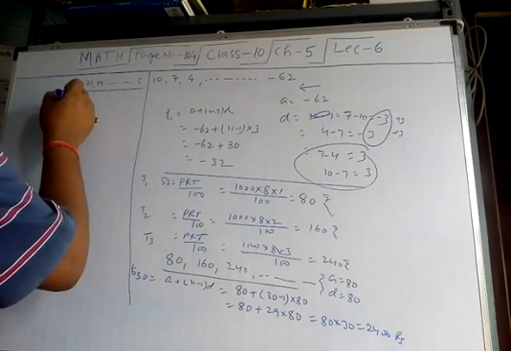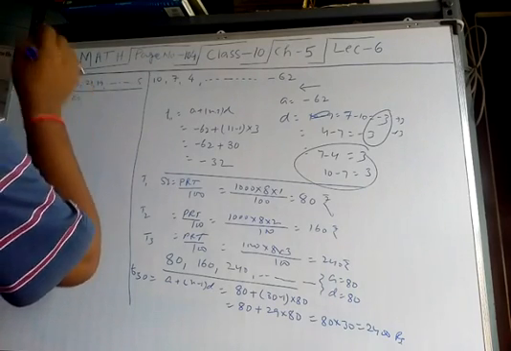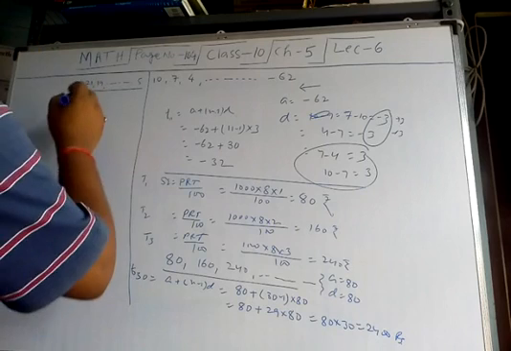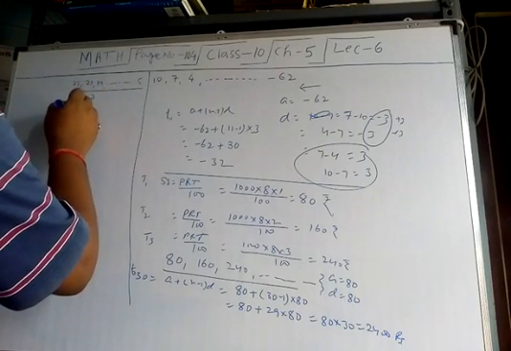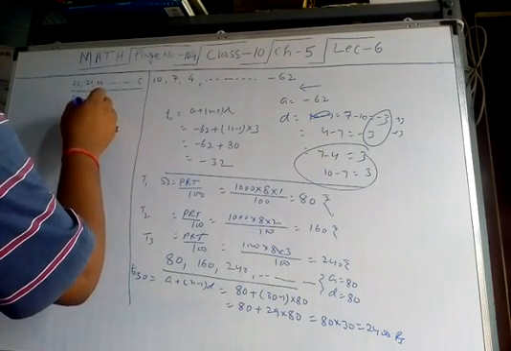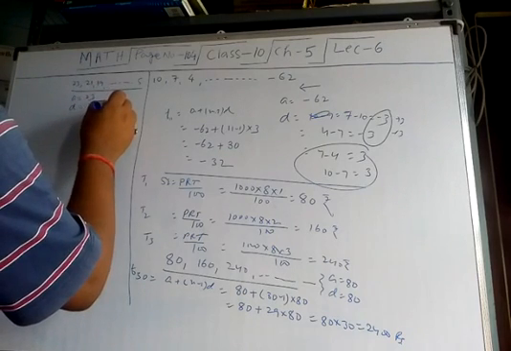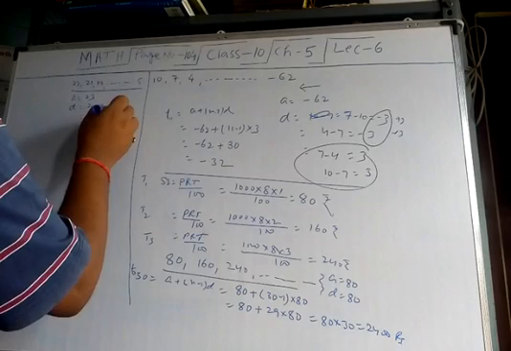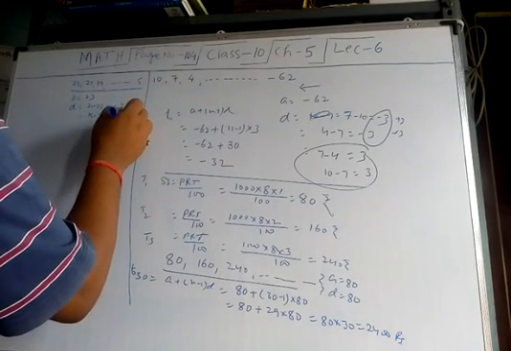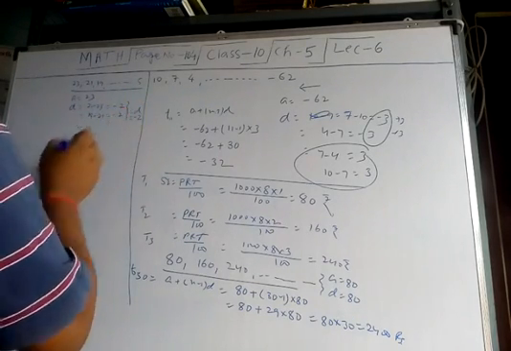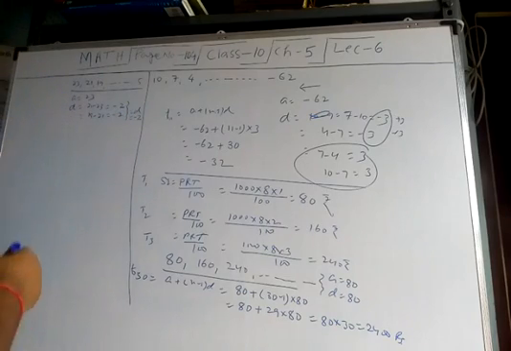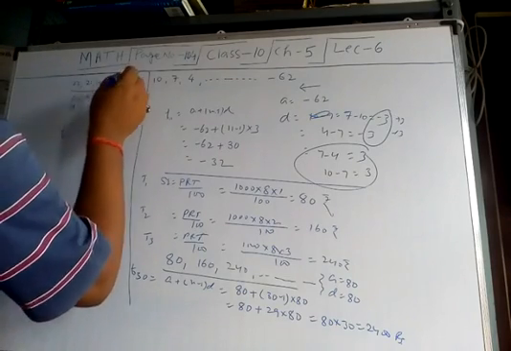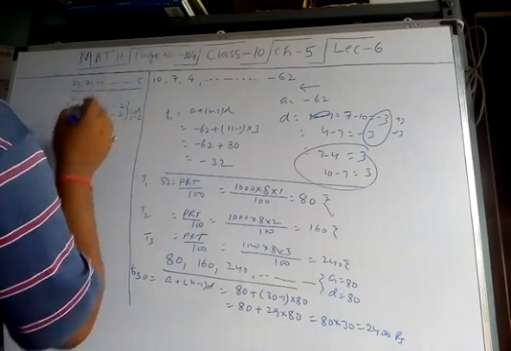So here we can see a is equal to 23 and d is equal to 21 minus 23, that is minus 2. You can check the other also, 19 minus 21, that is minus 2. So finally the common difference d is equal to minus 2. Here we have to find out which number n is here for t.